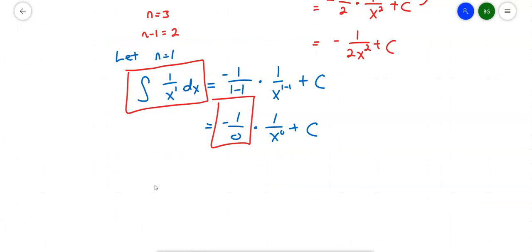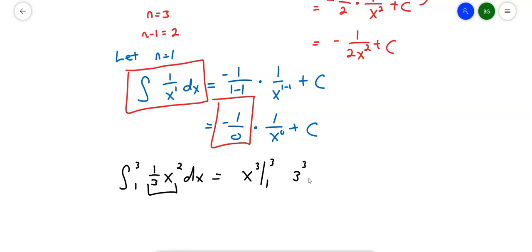If I want to find, let's say, the integral from 1 to 3 of 1/3 x squared dx, I can just find the antiderivative of 1/3 x squared, which using my power rule should just be 1/9 x cubed, and evaluate that from 1 to 3, which is to say I'm going to plug in 3 to my function and then plug in 1, and there we have it.